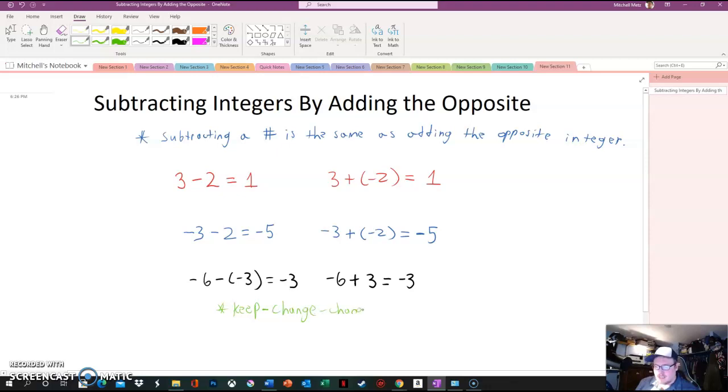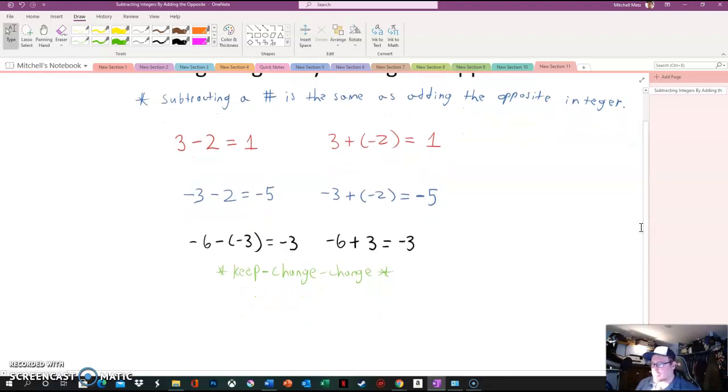If this doesn't make sense to you, just remember keep, change, change. All that means is I keep the first sign of the first number, I change the operation to positive, and then I change the integer sign of the last number. This only works when I'm subtracting integers, not addition. You only apply it when you're first subtracting.